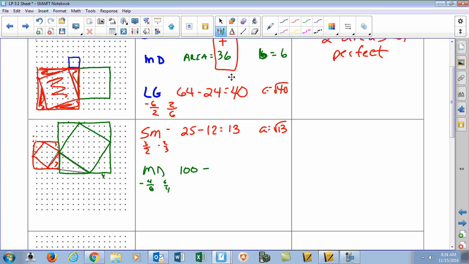So this is a 4 by 1, 2, 3, 4, 5, 6. So what's half of 4? 2, right? Times 6. 12. So if I got one triangle at 12, all four of them would total 48. So that gives me 52.